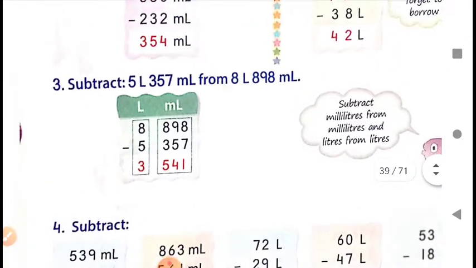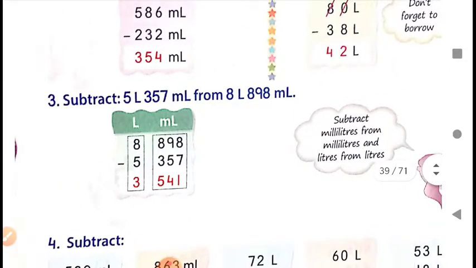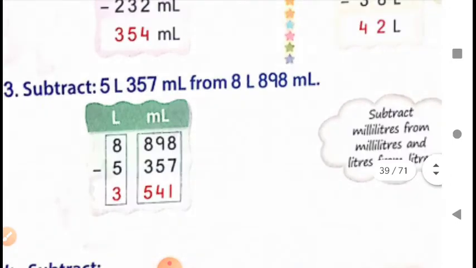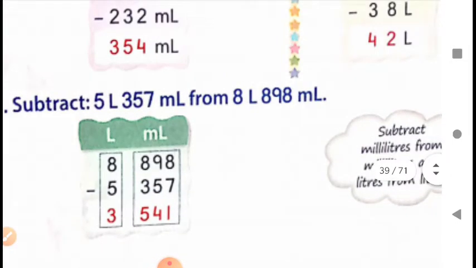Now next, this involves liter and milliliter both. Subtract 5 liter 357 milliliter from 8 liter 898 milliliter. So again we first subtract the smaller units.